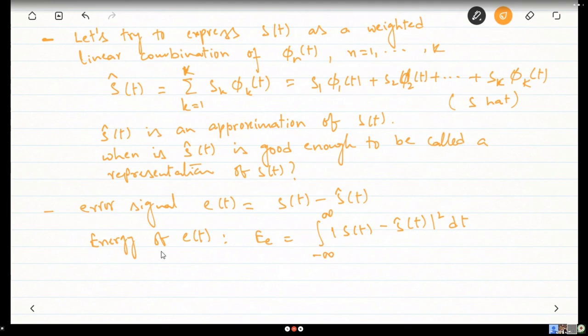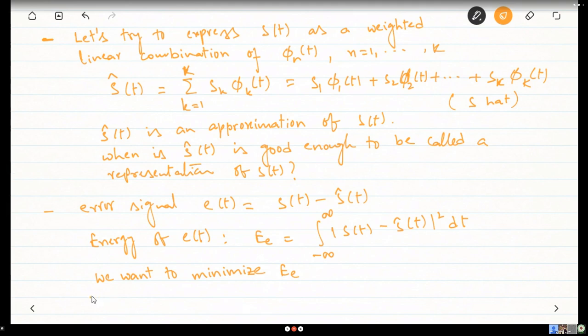We want the energy in the error signal to be minimum. We want to minimize the energy in the error signal.